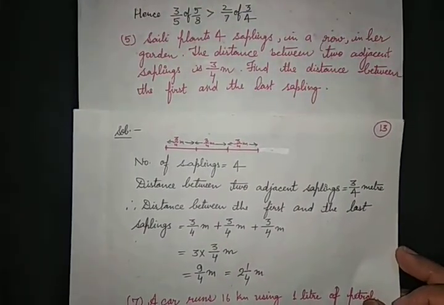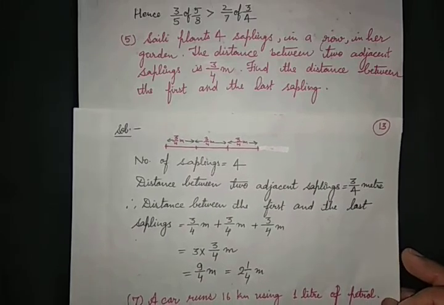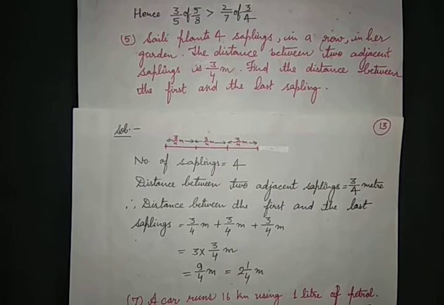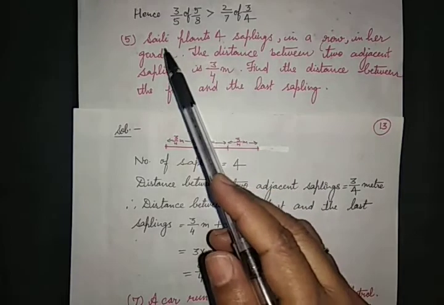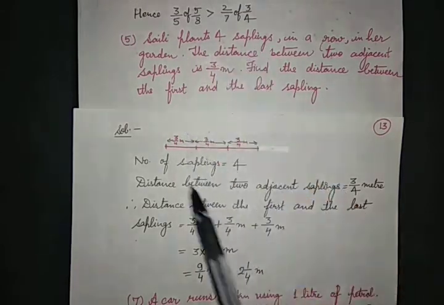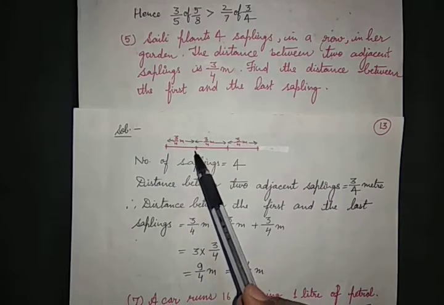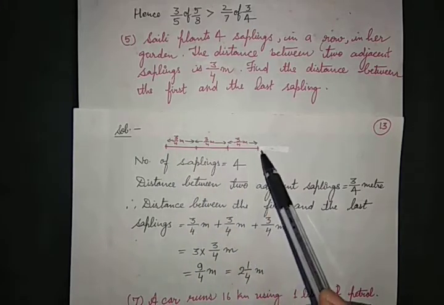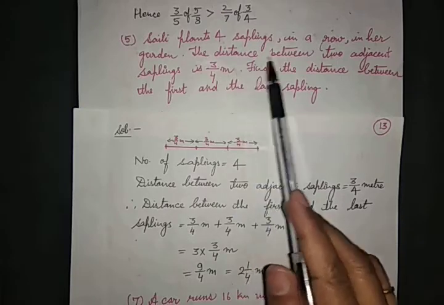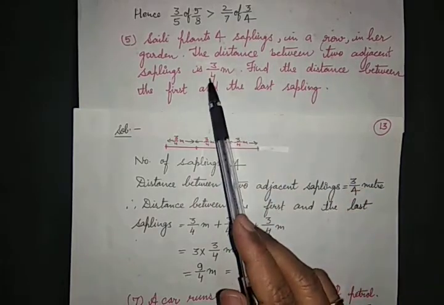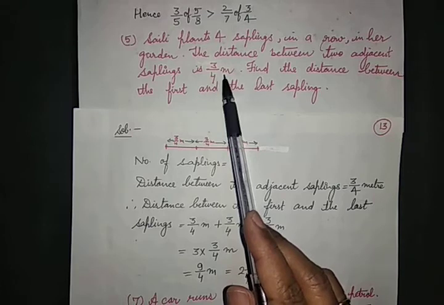Just now you have seen the question. Now, you see the question once again. Sally plants 4 saplings. You can see here I have drawn 4 saplings: 1, 2, 3 and 4. And the distance between 2 adjacent saplings is 3 upon 4 meter.